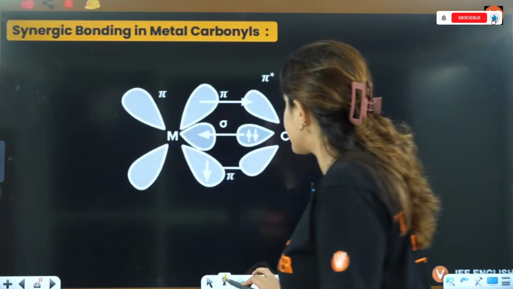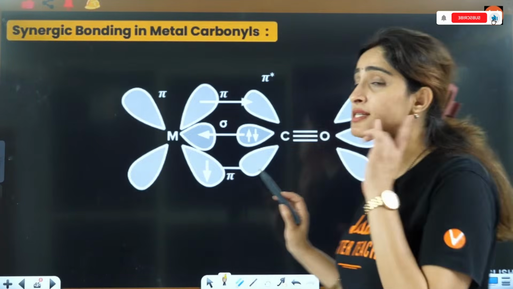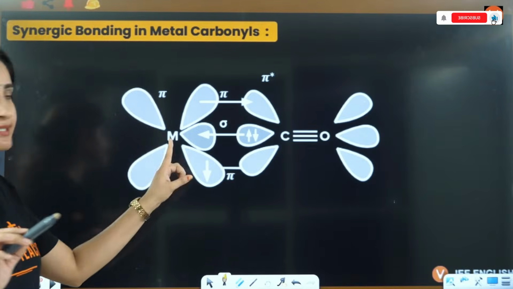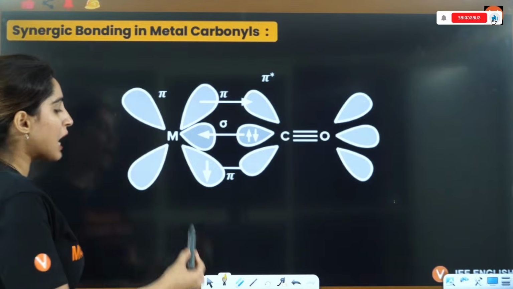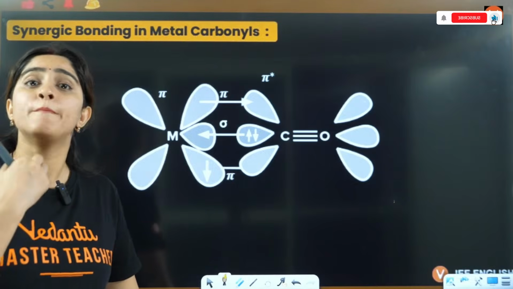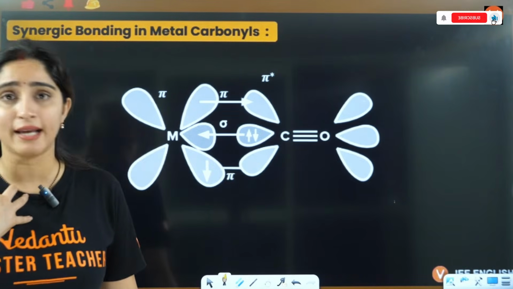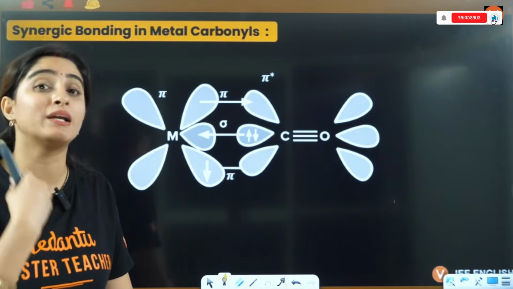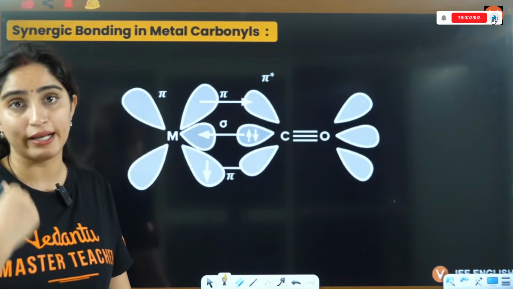Now next thing is guys, metal carbonyl. This kind of question they have asked you multiple times in the latest years. Now metal carbonyl actually has a synergic bonding. We know that metal is supposed to accept the electron. Ligands are supposed to give the electron.